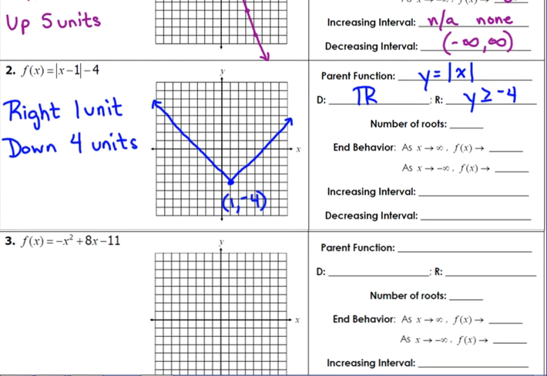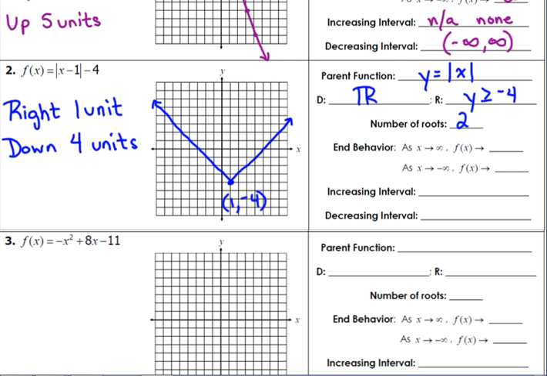All right, how many roots does this one have? 2. Do absolute value functions always have 2 roots? No. What are the other possibilities? Good. It can have 1, it can touch the x-axis, or it can have none. It doesn't have to touch the x-axis at all. Think about when we were solving the equations.